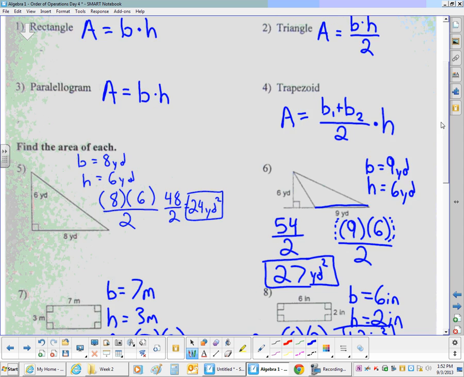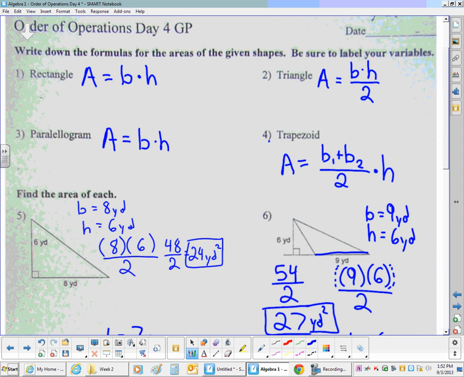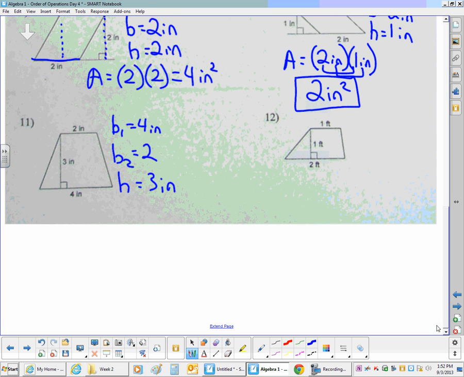Okay? We're going to plug these all into our formula. So if we take a look back at the top, our formula was B1 plus B2 over 2 times H. So on the top, I'm going to make a new fraction here. You have 4 plus 2 over 2 times 3. Well, there's implied parentheses on the top, so 4 plus 2 is 6.